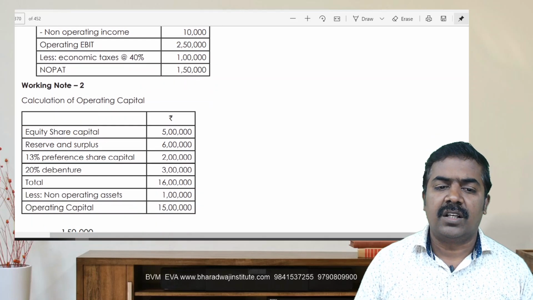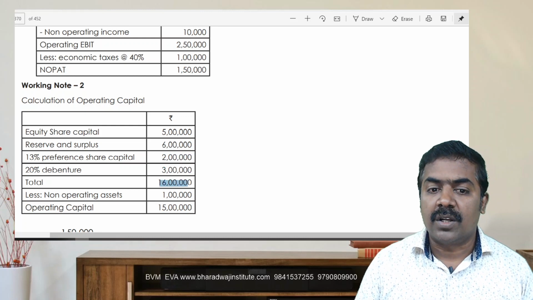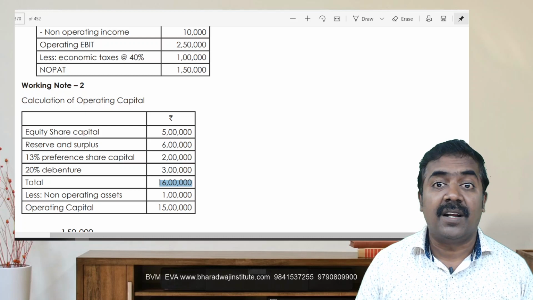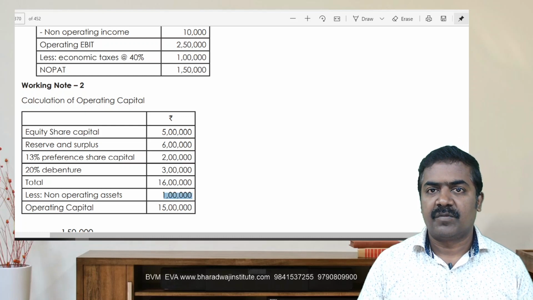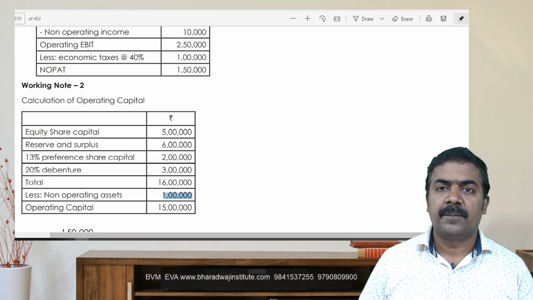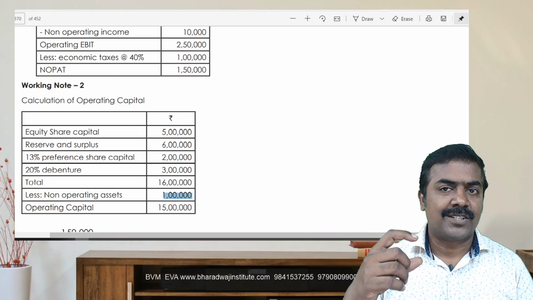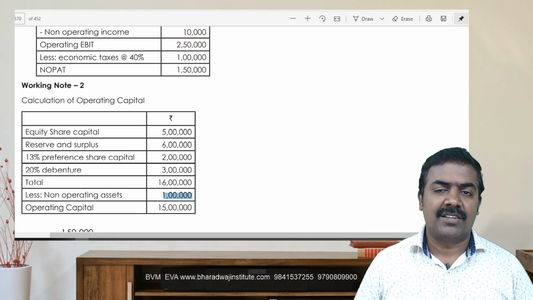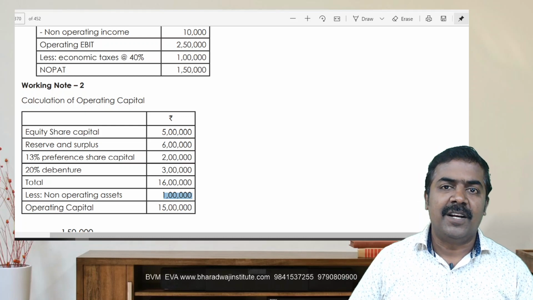I told you, all the long-term funds: equity share capital plus reserves and surplus plus preference share capital plus debentures, total long-term funds. We know while doing goodwill valuation, we will not consider non-operating assets like non-trade investments. When you go with the assets minus liabilities route, we will work out total assets excluding non-trade investments, and non-current liabilities will reduce.